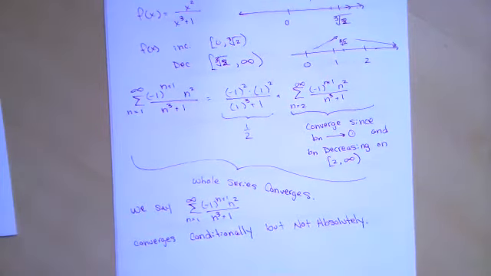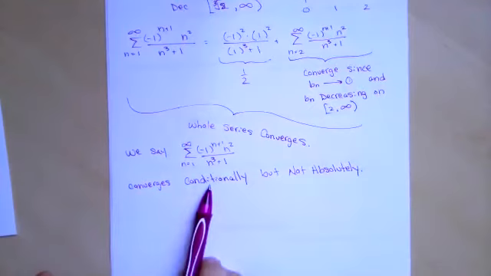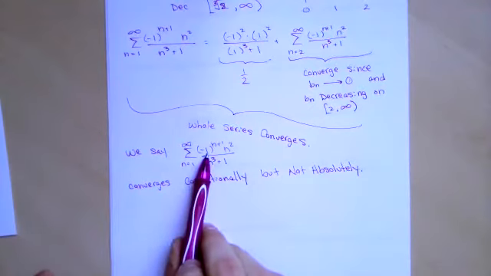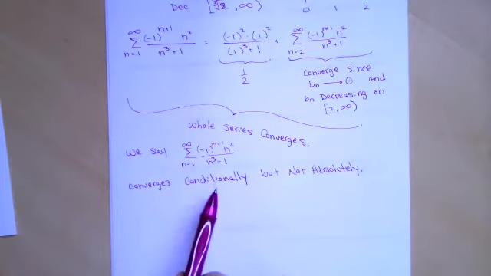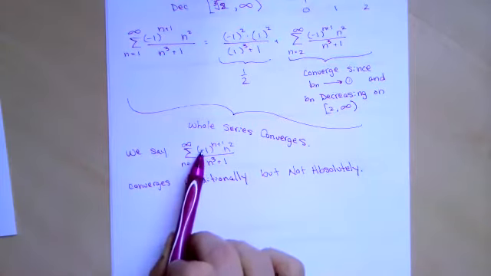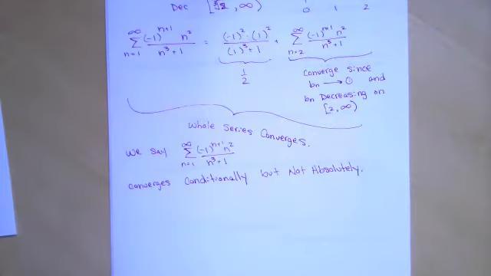So anytime you see the word conditionally convergent, that means it's an alternating series, and it converges when it's alternating, but it won't converge if I apply an absolute value. Any questions on that guy?